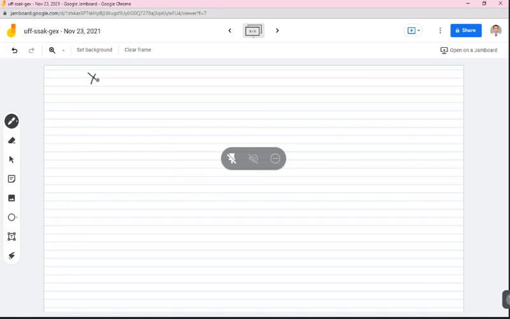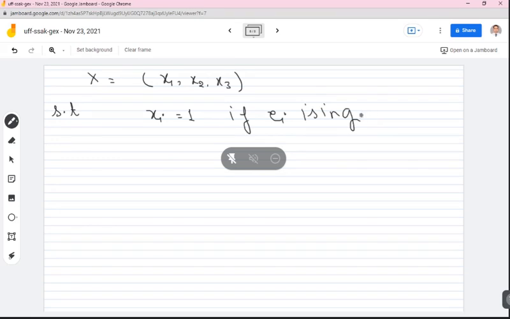Okay, so the ordered triplet will be in the form of x1, x2, x3, such that xi will be 1 if ei is in G1, and xi will be 0 if ei is not in G1.